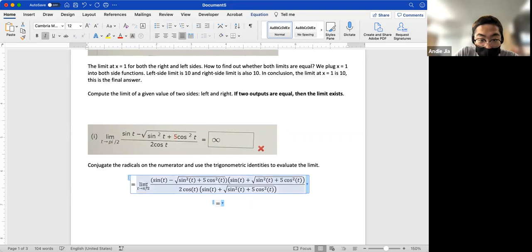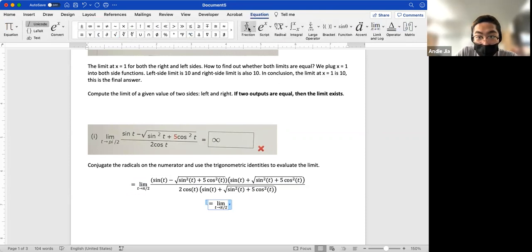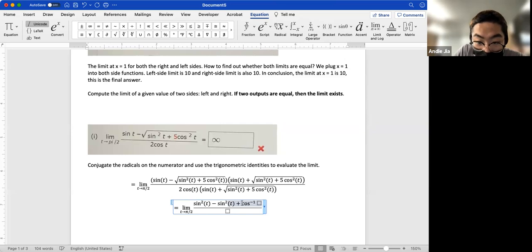You need to rewrite the identity here. Never forget the notation: it's going to be sine squared of t minus sine squared of t plus 5 cosine squared of t.